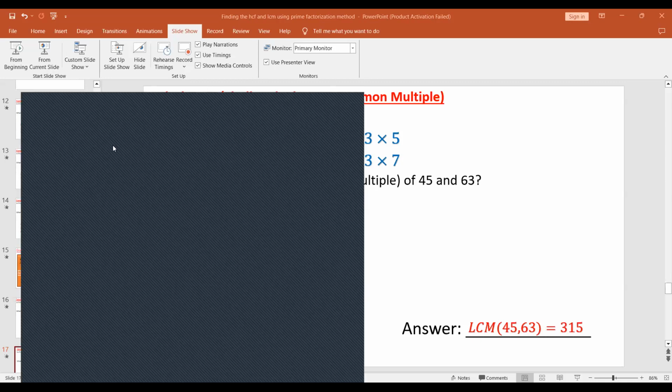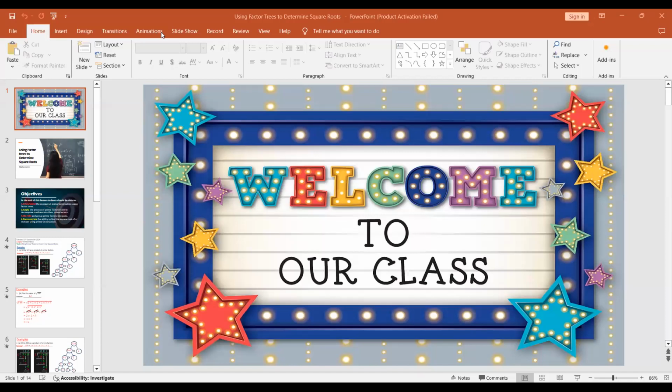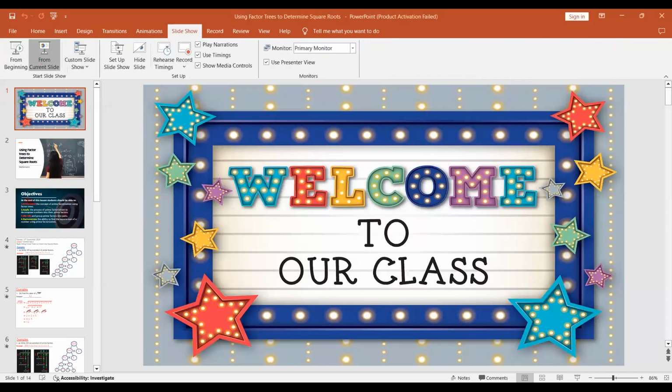Using prime factorization to determine roots. All right, stop sharing. Can you see my screen? Yes, sir. Okay, good.